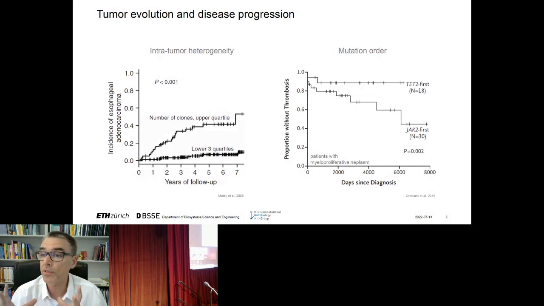All of these patients have the same combination of these two mutations, but just the order in which they occurred differs between the two patients. So that means just the amount of diversity on the left here, irrespective of what the mutations are, matters for clinical outcomes, and also the order of the same mutations matters for clinical outcomes. So we would like to assess these properties from genomic sequencing data.